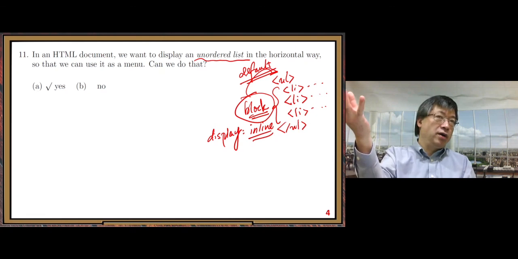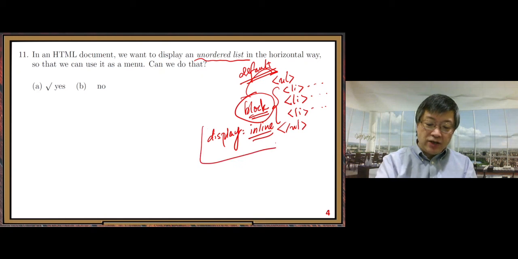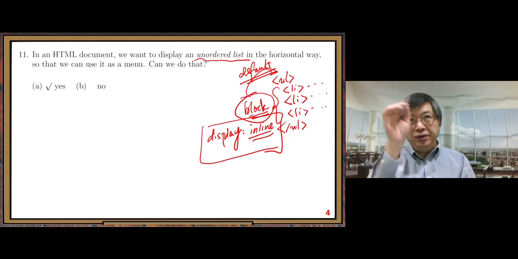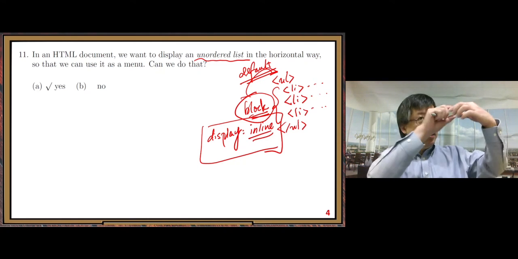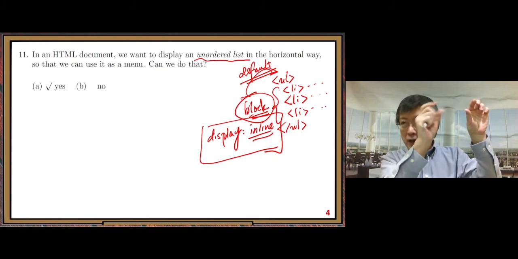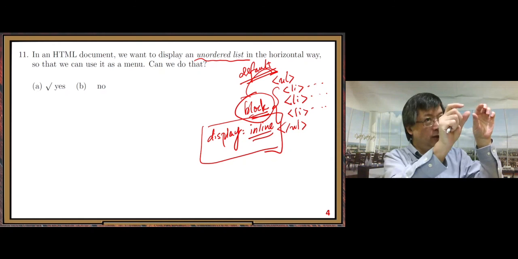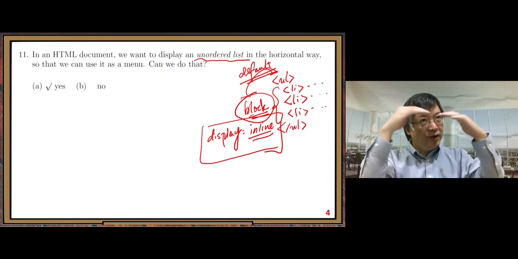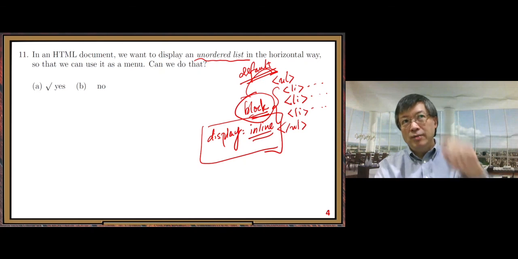But CSS allows us to change its display value to inline. After you change it to inline, what's the meaning of inline? You display horizontally, right? So the first item and the second item are in the same line. That's the horizontal way. So we did that example.